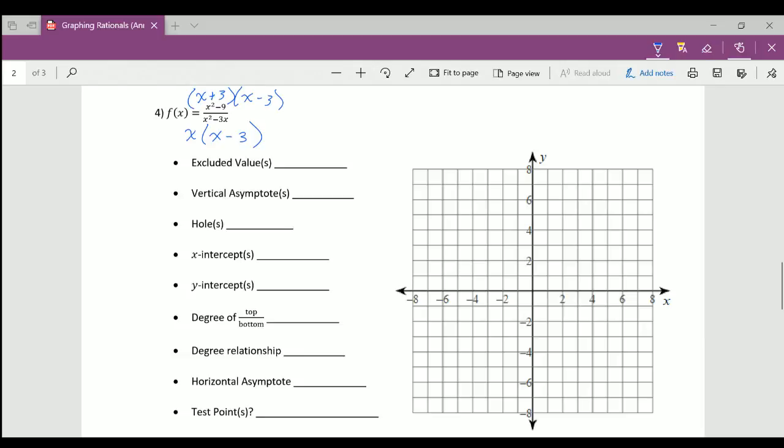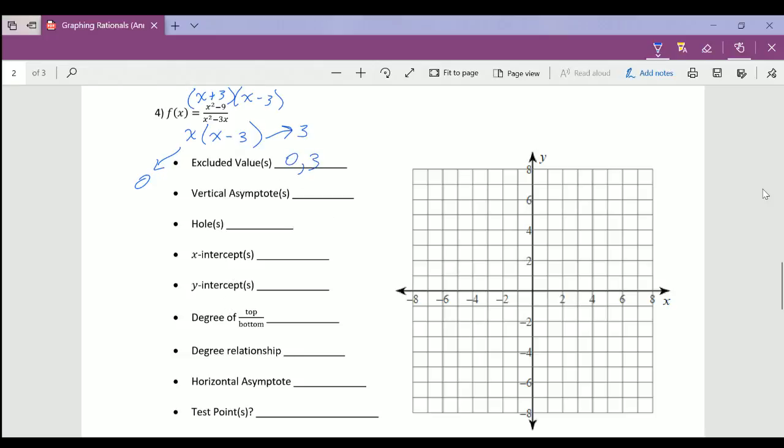And this is the piece that's ever so slightly different from the last couple. So this one here, that just means 0 is an excluded value. And then this one here tells us that 3 is an excluded value.